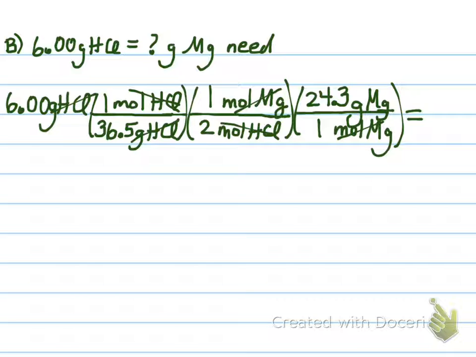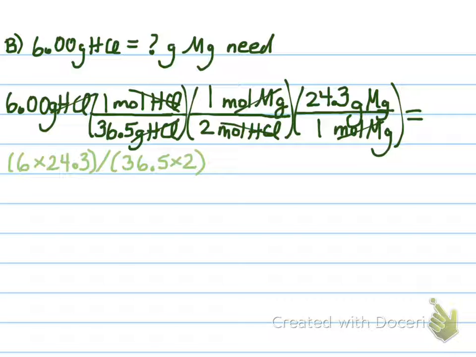Now, again, how do I put this in my calculator? 6 times 24.3. I need to divide that answer, and I'm going to have to use parentheses because I need to divide it by both of those numbers.